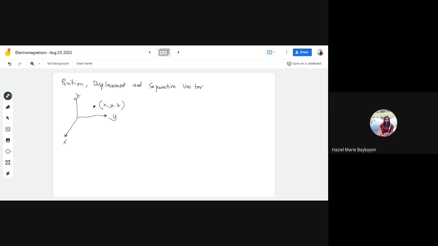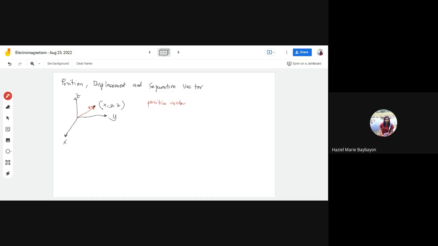Okay. Now, if we draw a line from the origin towards this point here, we can call this the position vector. The red line we can call the position vector. It is made by connecting a line from the origin towards the point.